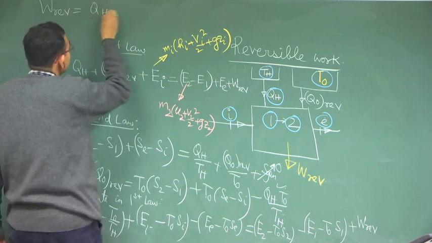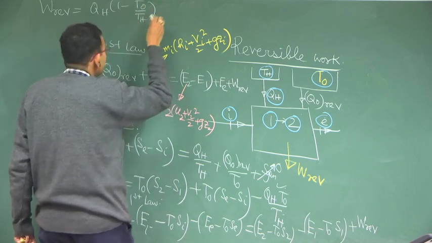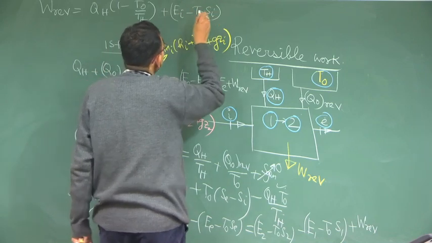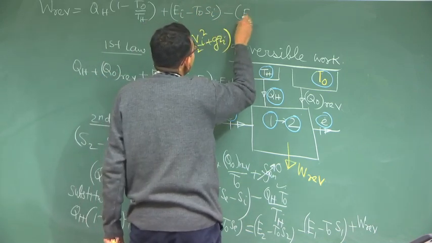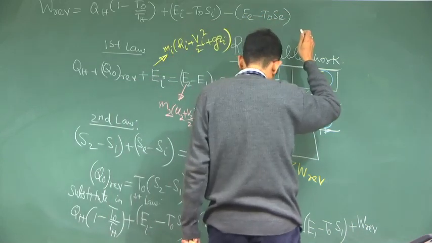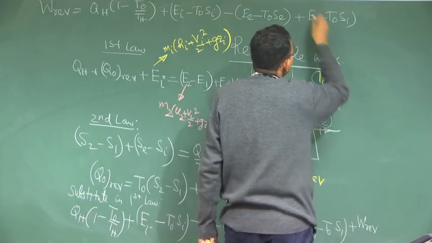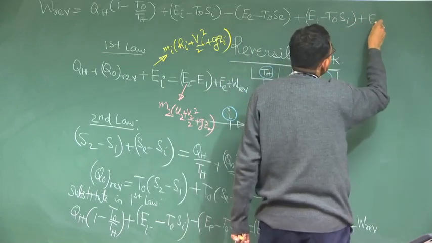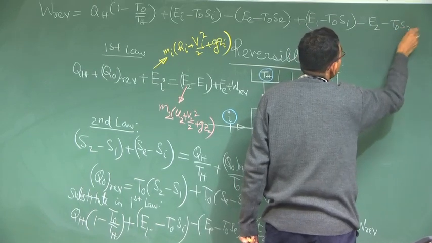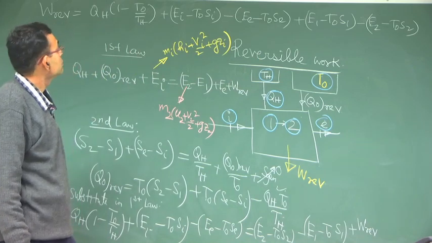So, QH into 1 minus T0 by TH plus EI minus T0 SI minus EE minus T0 SE plus E1 minus T0 S1 minus E2 minus T0 S2, right. Okay.